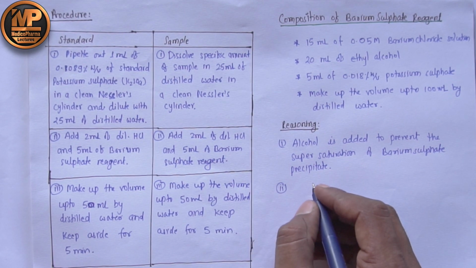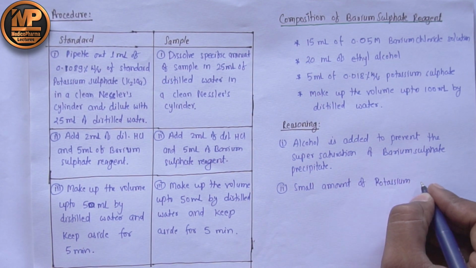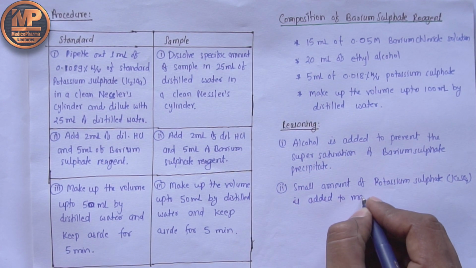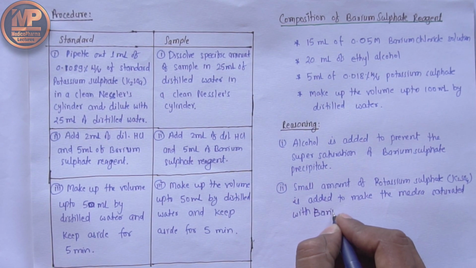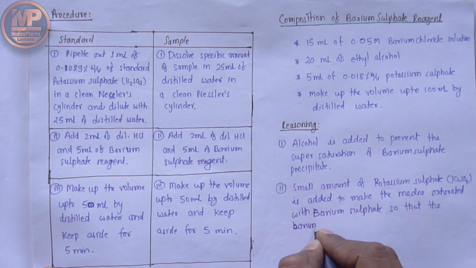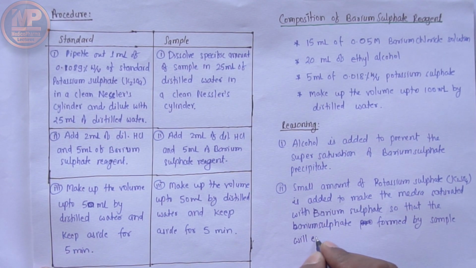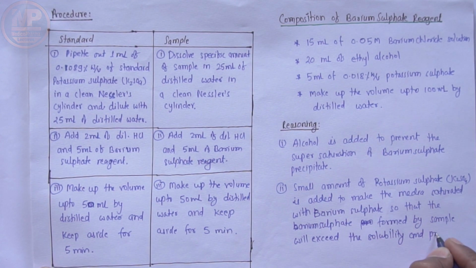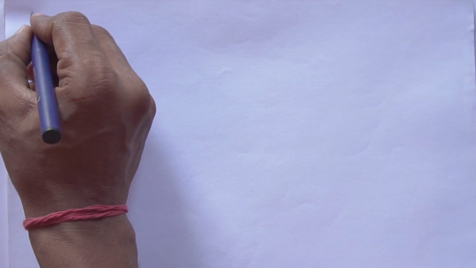Then a small amount of potassium sulfate K2SO4 is added to make the media saturated with barium sulfate so that the barium sulfate formed or produced by sample will exceed the solubility and produces turbidity. Okay. So this is the reasoning.